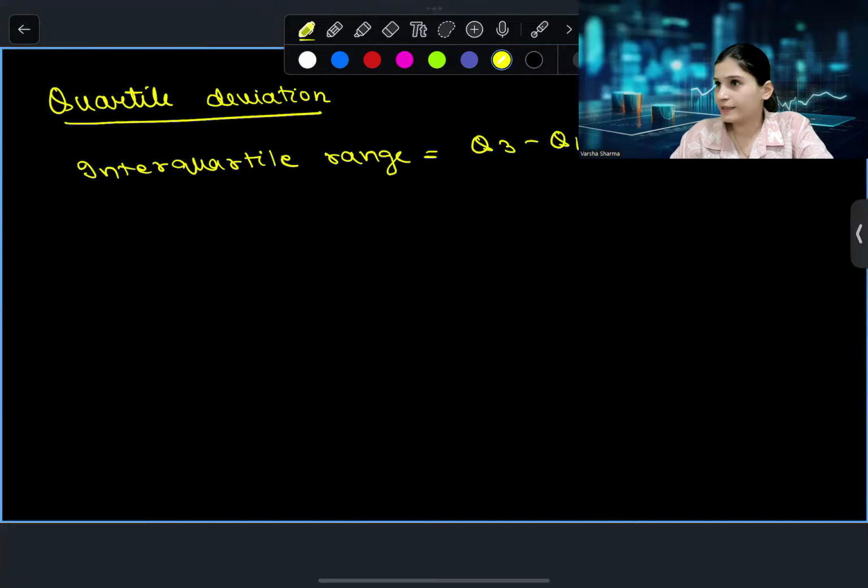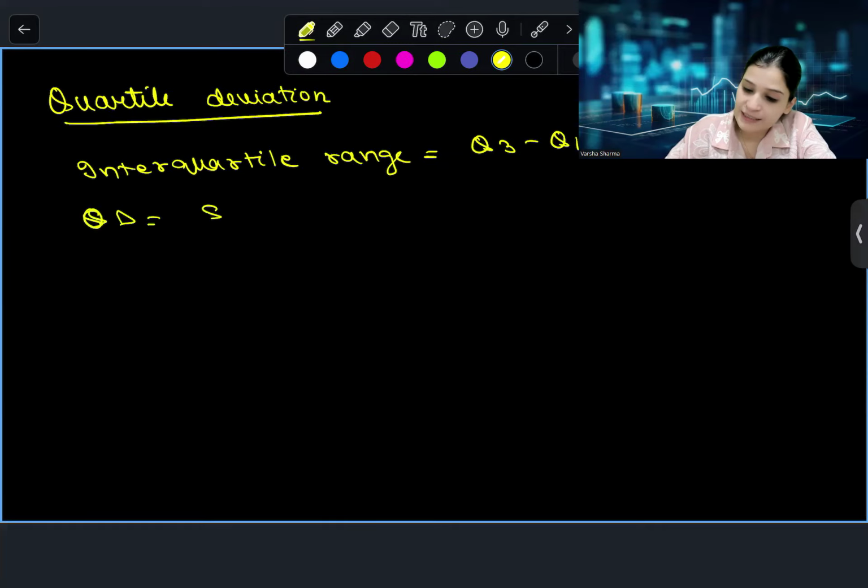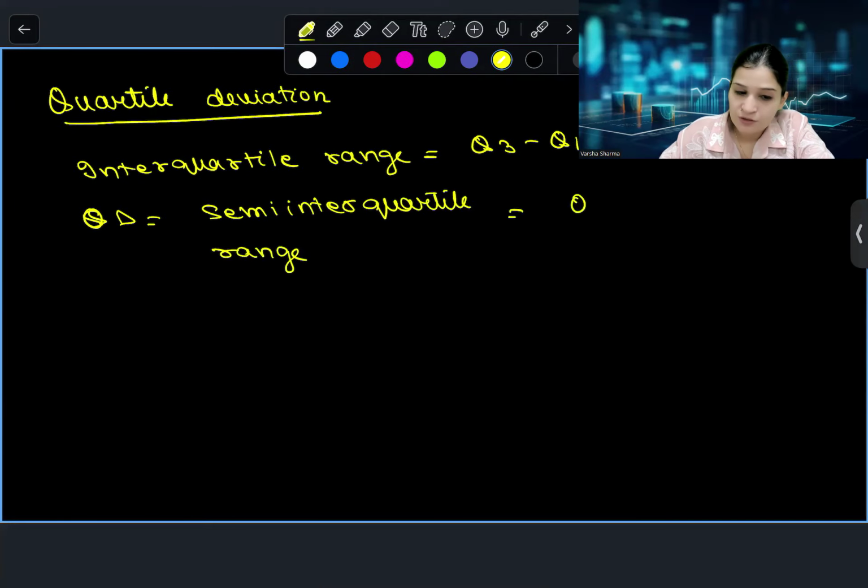Then quartile deviation is basically the semi-interquartile range, Q3 minus Q1 by 2.